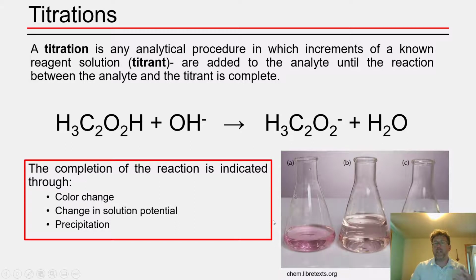So there are many ways to spot an endpoint in a titration, and it's worth pointing out here that there are actually many more types of titrations than simply acid-base titrations, but the indicator is maybe the most obvious example of how we can add one additional chemical to the matrix where the chemical reaction is occurring, which will allow us to see the endpoint of this reaction without interfering with the reaction.